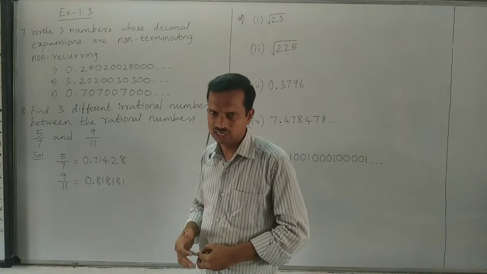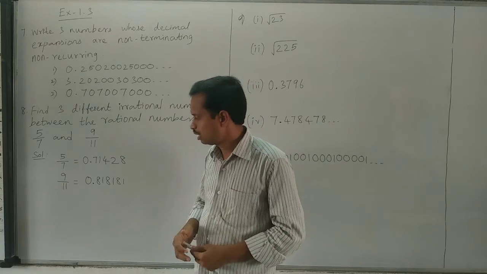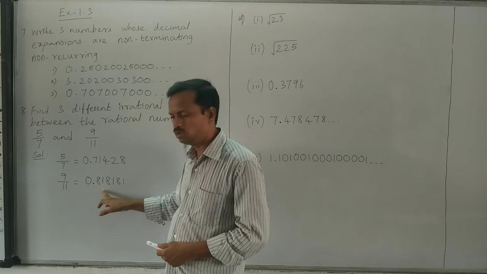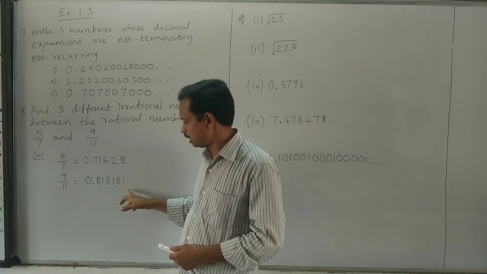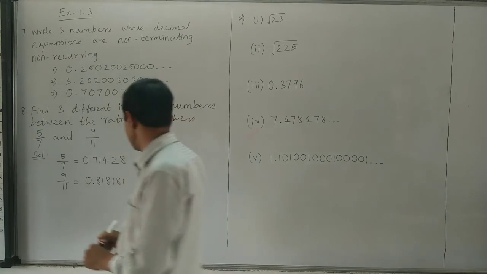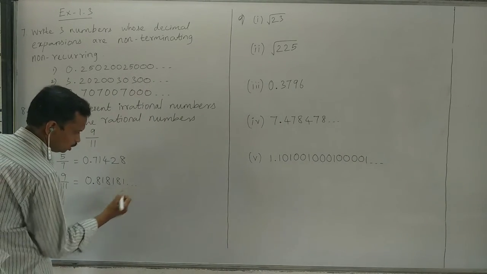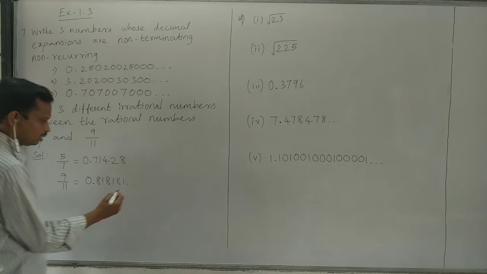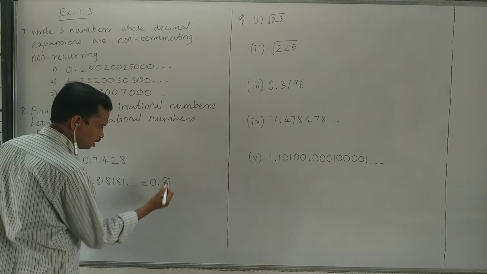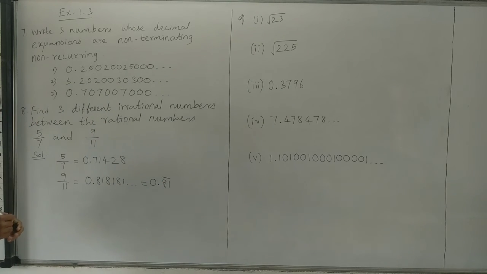And see here 9/11, the next number, 0.818181, again repeating the same 81. So you can put a dot, etc. Or you can write this as 0.81 bar also. That you know already.